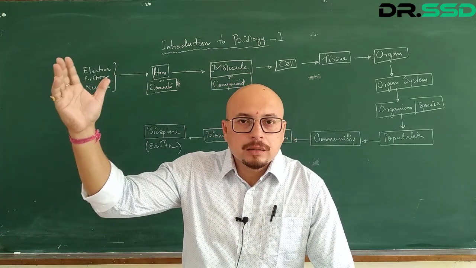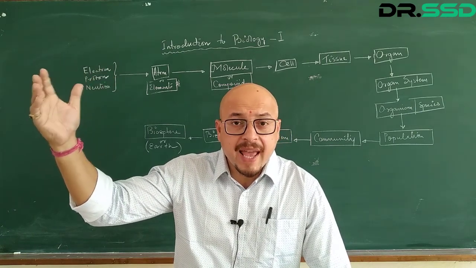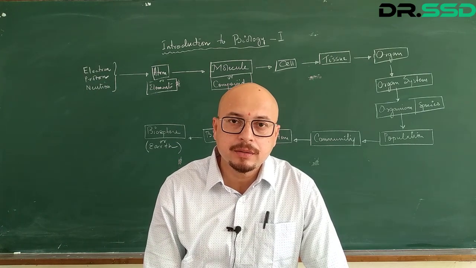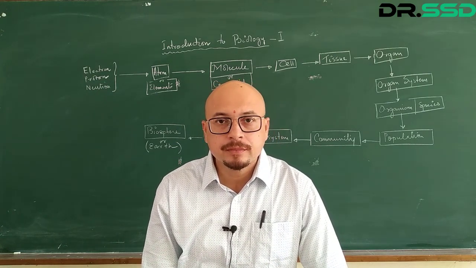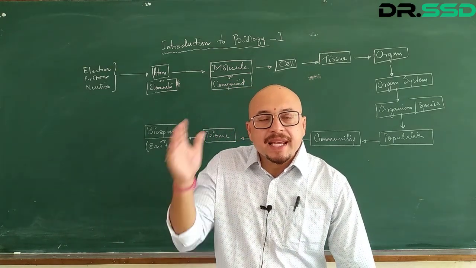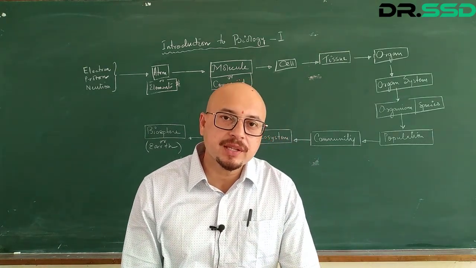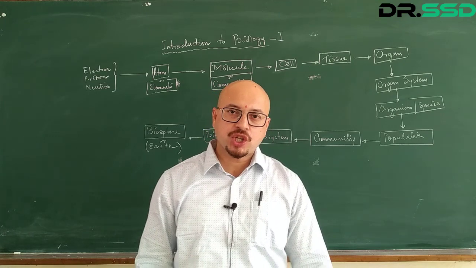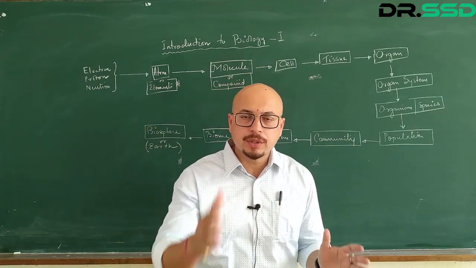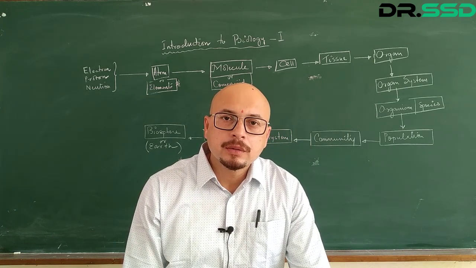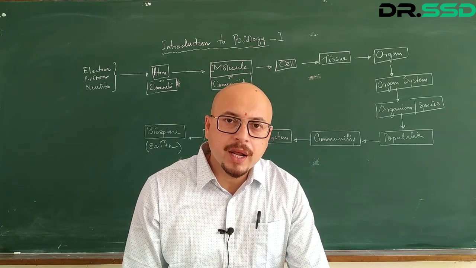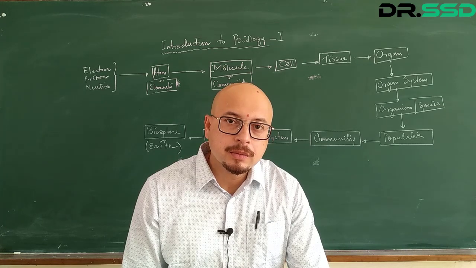So from the sun, the photons, those energy-rich packets of energy, a quantum, actually help in initiating the process of photosynthesis, by which autotrophic organisms prepare food, the primary food being glucose, on which all the heterotrophic organisms are dependent.